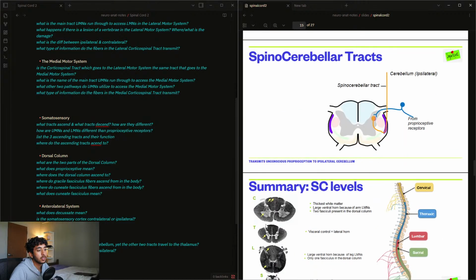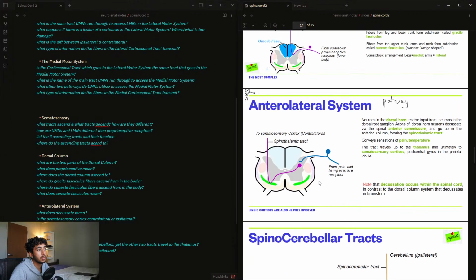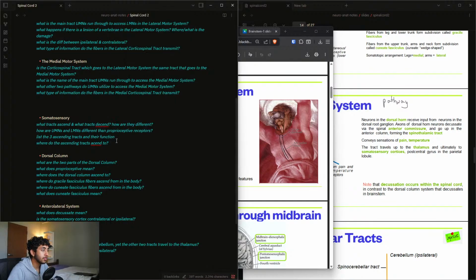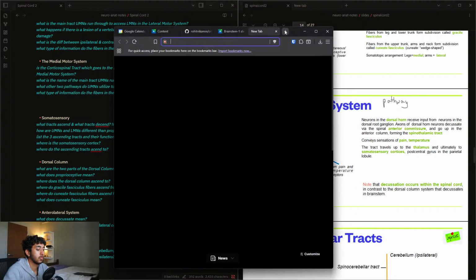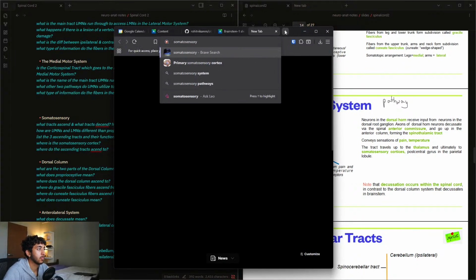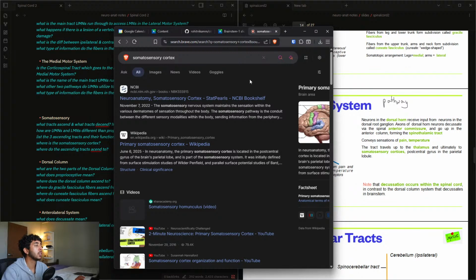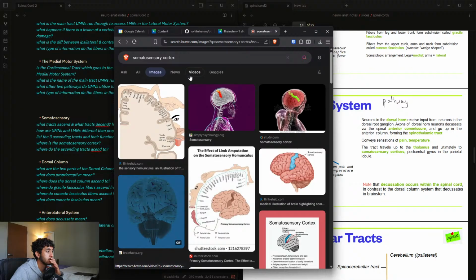Somatosensory cortex. Cerebellum. Where's the somatosensory cortex? So I'm hoping that this is in the thalamus. It's not in the thalamus at all.